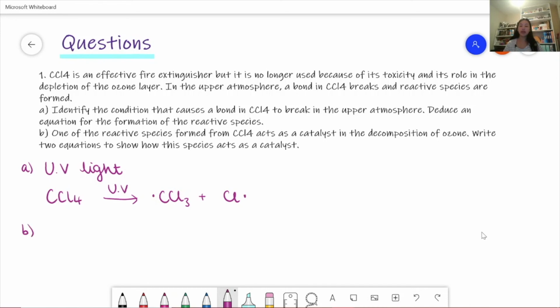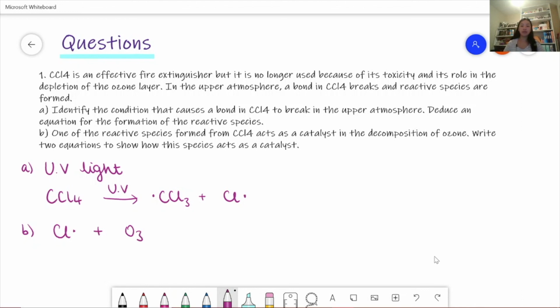And then for B, one of the reactive species formed from CCl4 acts as a catalyst in the decomposition of ozone. Write two equations to show how the species acts as a catalyst. So these are the two equations that you must know for the exam because it comes up so often. So you start off with a chlorine free radical and it reacts with some of this ozone, O3.